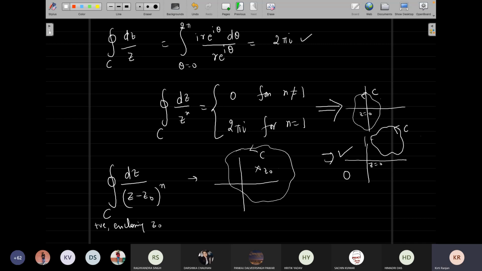You are going to do exactly what we have done, except that now you apply it on the same circle, z minus z naught equal to R e^(i theta). What will be the result? The same result: 2 pi i for n equal to 1 and 0 for n not equal to 1, n of course an integer.